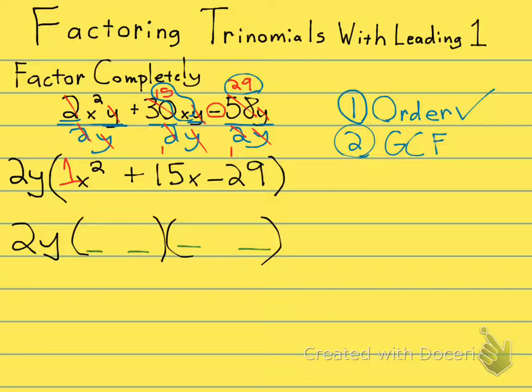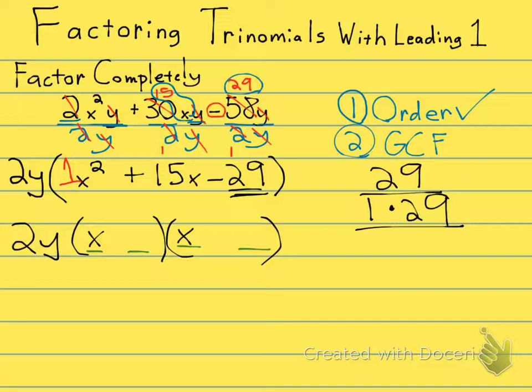With the leading coefficient of 1, 1x squared, my first two terms are going to be x and x. And my last two numbers are going to multiply to give me 29. So let's list all of our possible factors of 29. Well, 1 and 29, and that's it because 29 is prime.